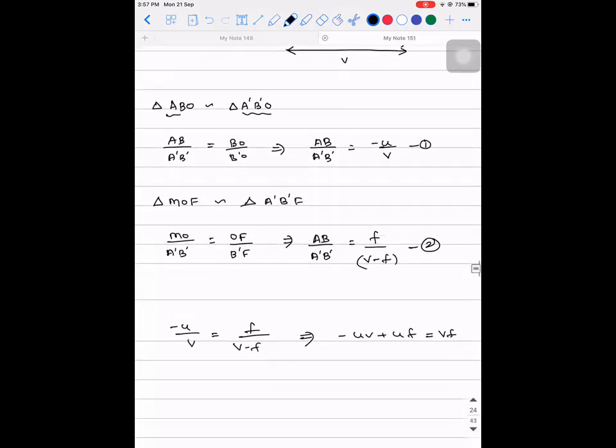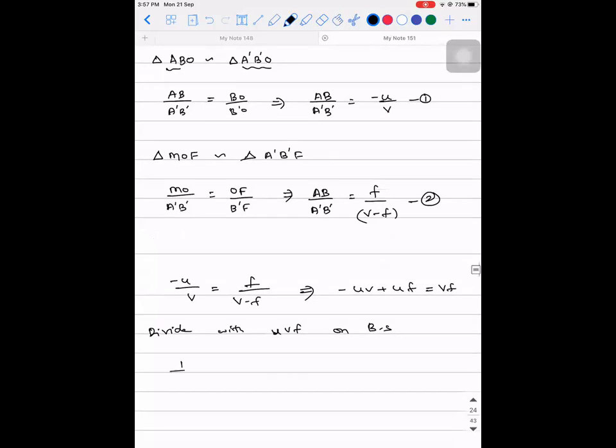What do we need to divide with? Divide with uvf on both sides. What do you get? 1 by f is equal to 1 by v minus 1 by u. Rearrange the equation: 1 by v minus 1 by u will be equal to 1 by f.